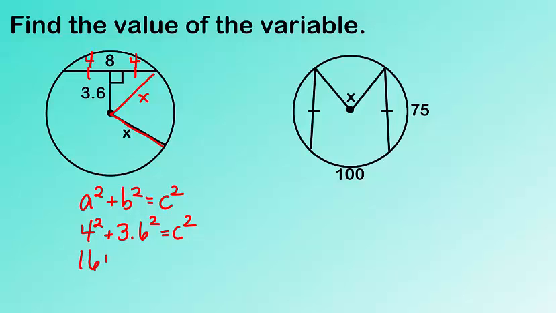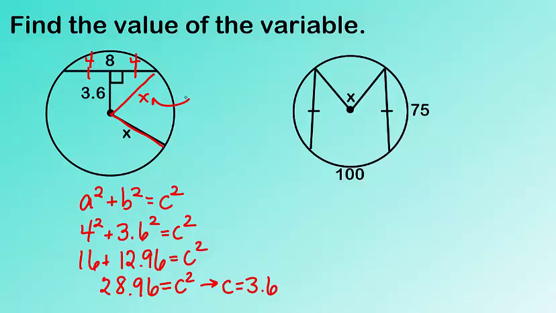So I get 16 plus 12.96 is equal to c squared. That gives me 28.96 is equal to c squared. We take the square root on both sides, and I get 3.6. So x is equal to 3.6.